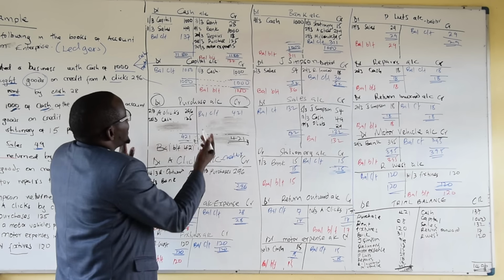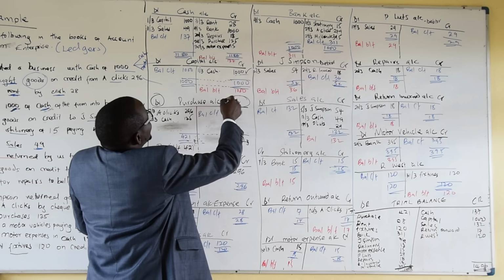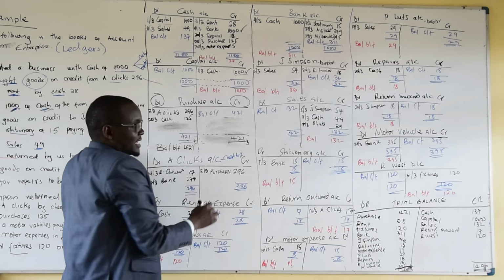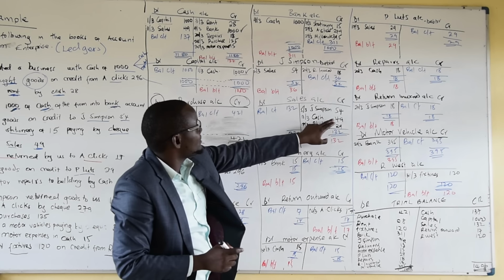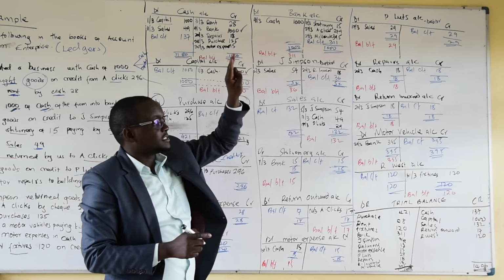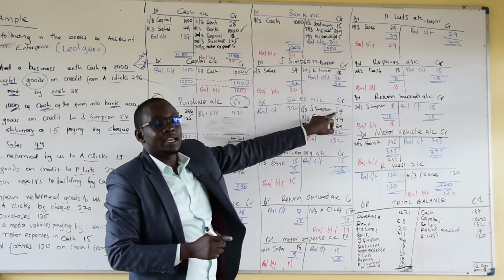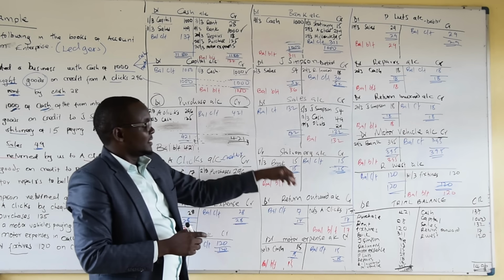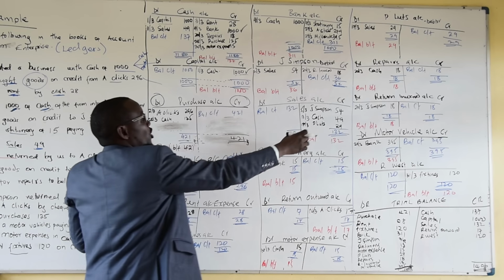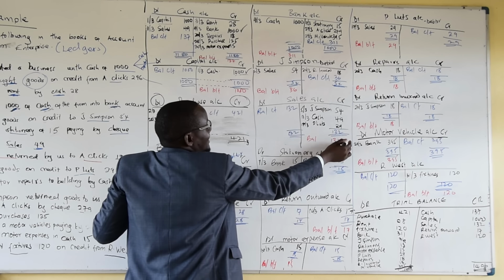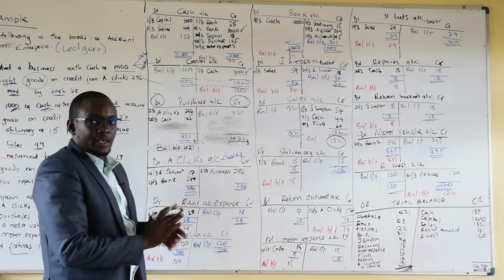If you look at a figure like 1,000 here, it is also appearing here. If your trial balance doesn't balance, the first thing you check is whether every figure appearing here is appearing twice. If it is this, is it appearing in J. Simpson? Tick. Then you also do the arithmetic confirmation on each account to see whether the balances are actual. Thank you.